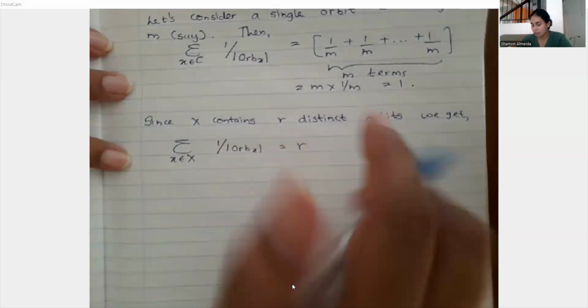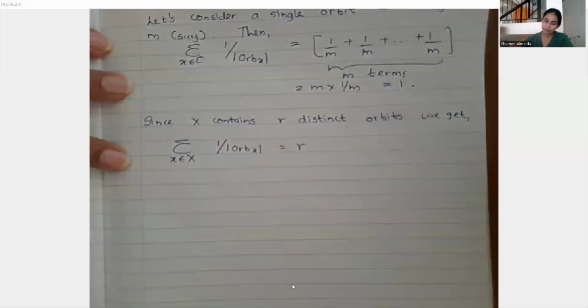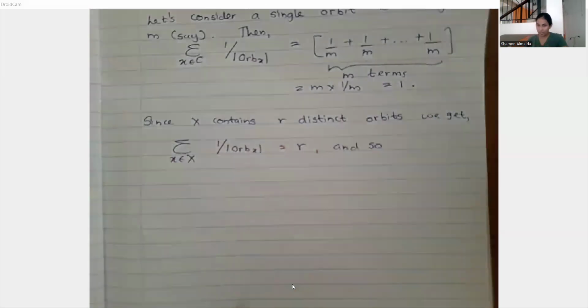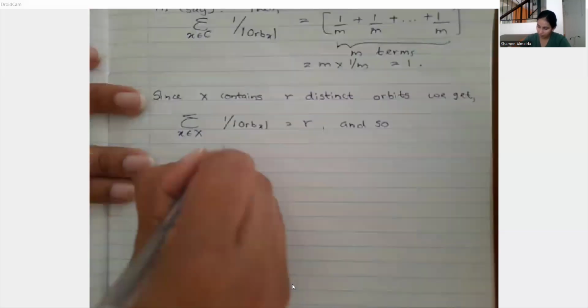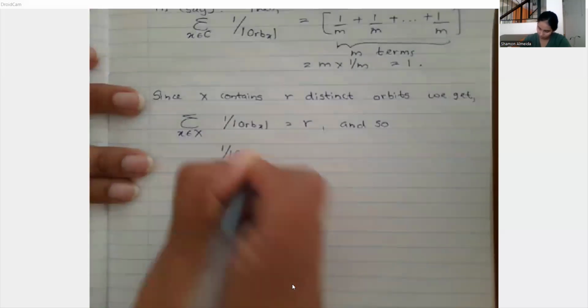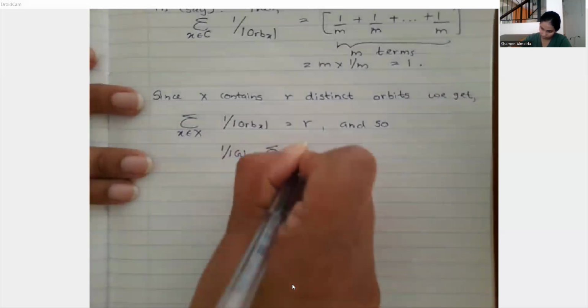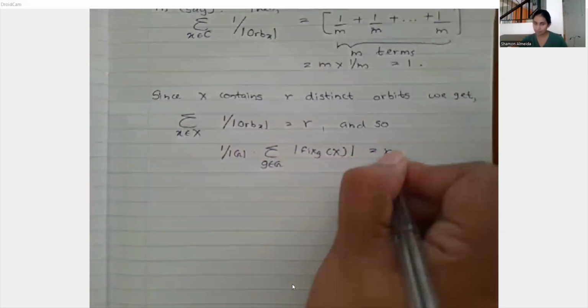Because we are adding up 1 R times. And so if we go back to this equation, this side will simply be replaced by R, and we conclude the proof. And so we have R.